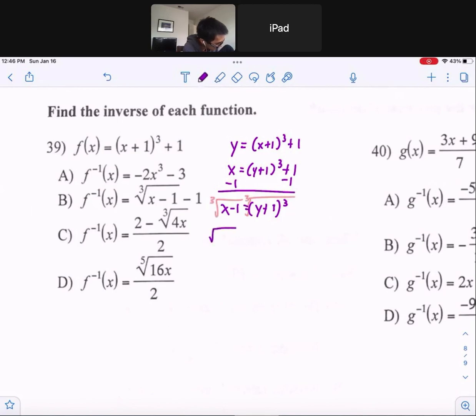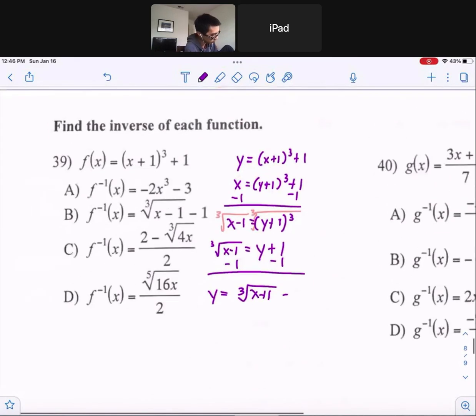So you get the cube root of x minus 1 equals y plus 1, and then subtract 1 from both sides. So our inverse function is going to be cube root of x plus 1 minus 1, which is B. That is going to be our inverse function. So set it equal to y, switch the variables, and then solve for your new y.